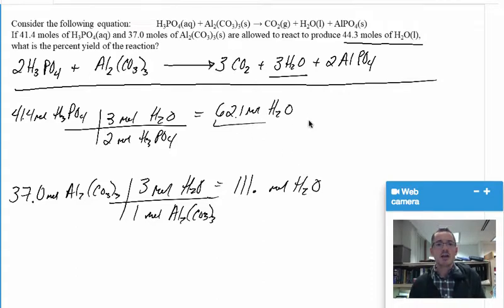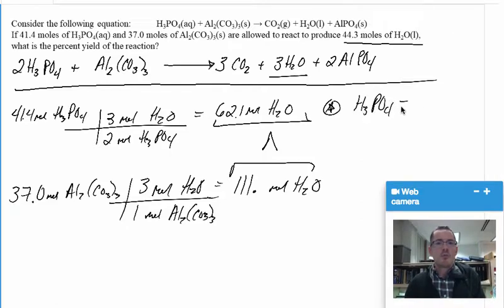And when I look at the comparison between the top value and the bottom value, my bottom value is actually bigger than the top. This means that my top value, my H3PO4, will be my limiting reactant, or my LR. And that also means that my Al2(CO3)3 is going to be in excess.